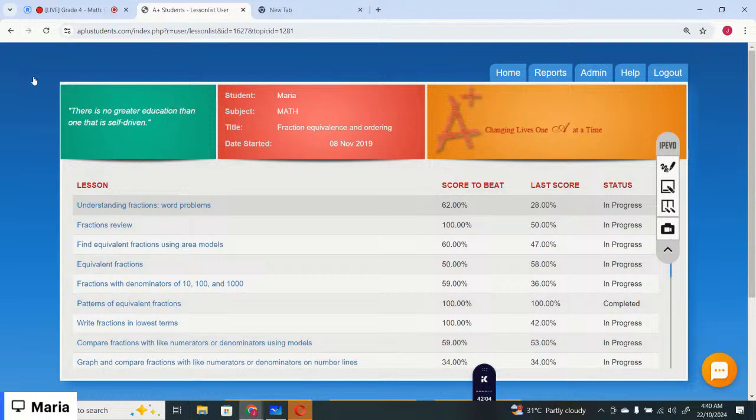Find equivalent fractions using area models. Equivalent fractions, fractions with denominators of 10, 100, and 1000. So please make sure before the next session you complete all the practice questions for the lessons we just did. That is your homework until next session.